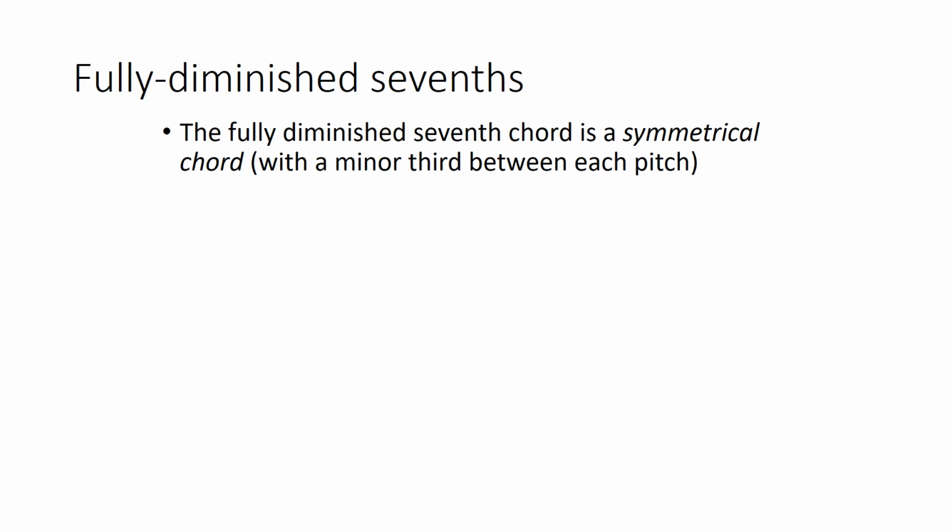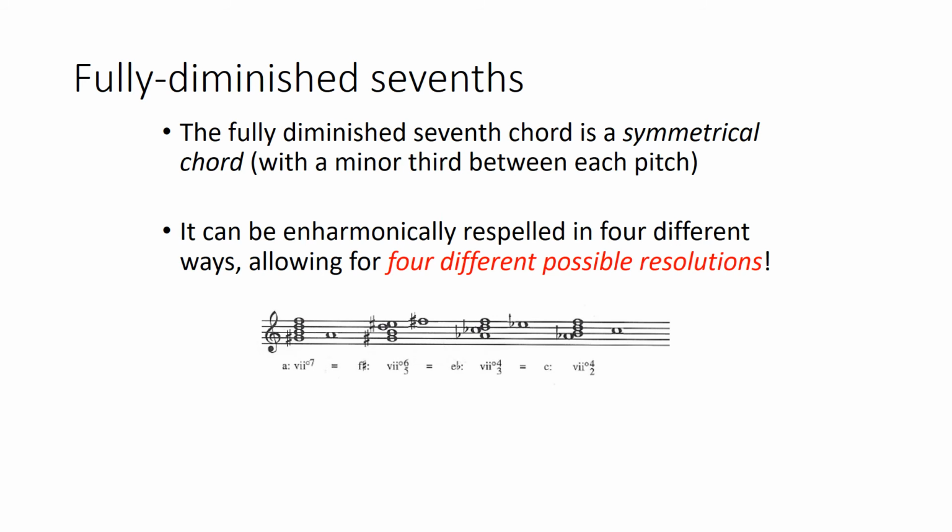If I went B, D, F, A flat, the next note would be... As it wraps around on itself, it's always minor thirds. So it's a symmetrical chord. There's minor thirds everywhere. You can enharmonically respell a fully diminished seventh chord in 4 different ways. And this actually can allow for 4 completely different possible resolutions of the chord.